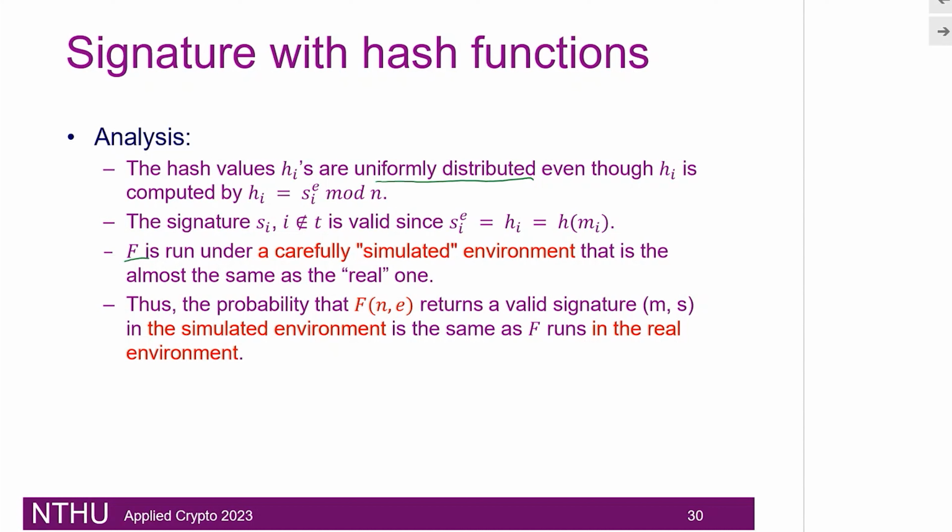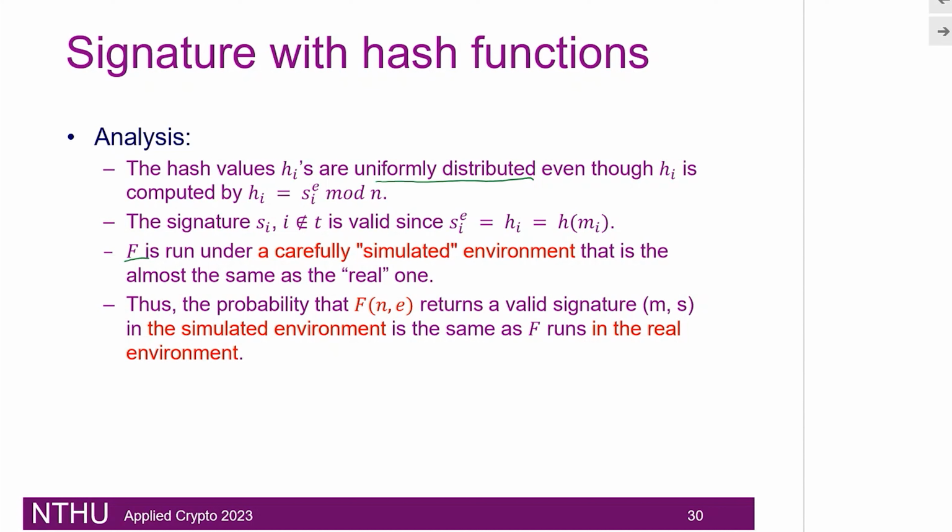The signatures are valid, so he wouldn't find anything there either, as long as we take good steps. For example, we said that we randomly choose Si from Zn as a signature. As long as we do a good job there and find those values uniformly, the forger wouldn't be able to tell if he's interacting with algorithm A or the real one.